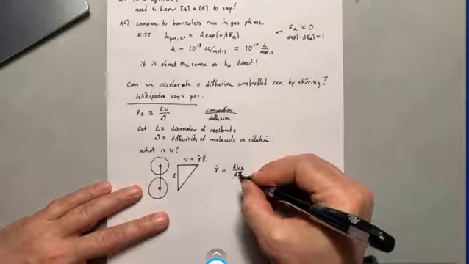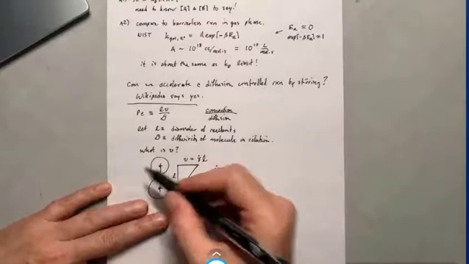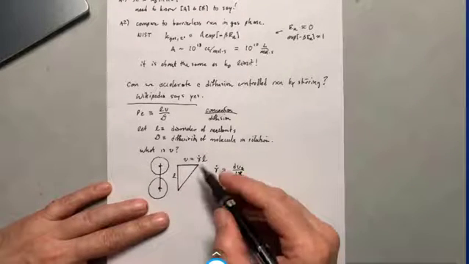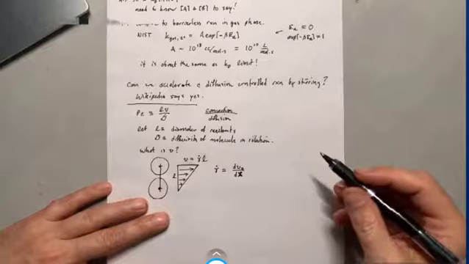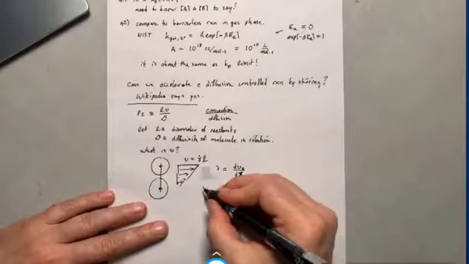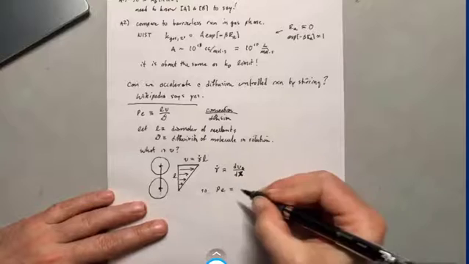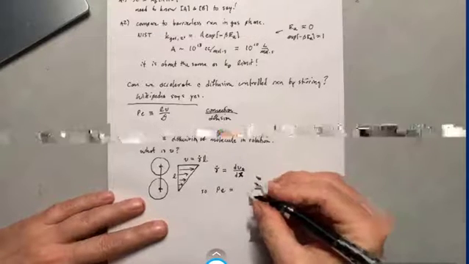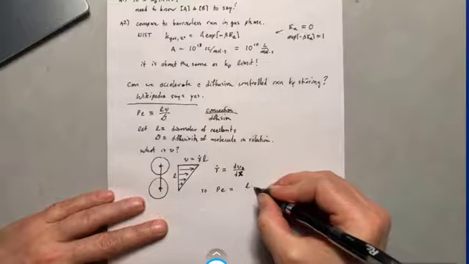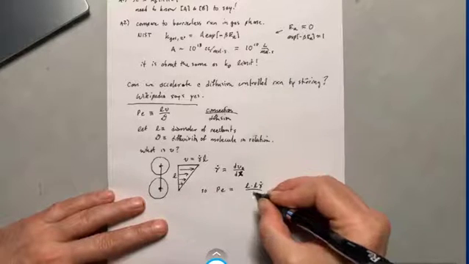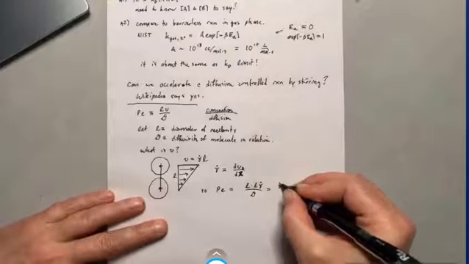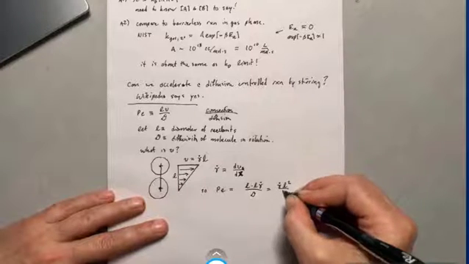If this is my x-axis this way, then I'm looking at the gradient in this velocity along that direction. Okay, so this means that my Peclet number is going to be L times gamma dot divided by D, or gamma dot L squared over D.